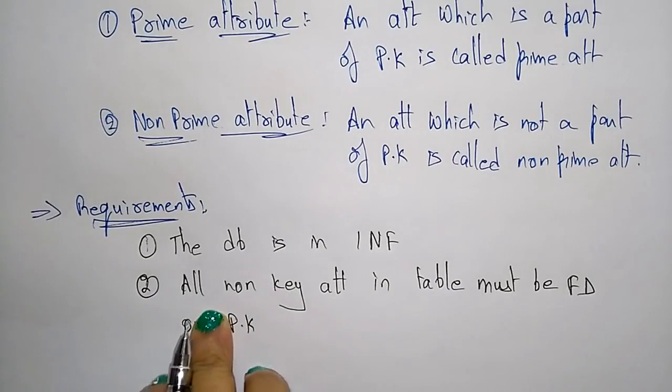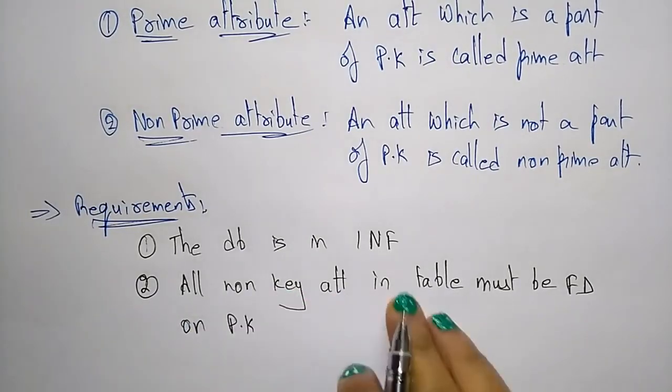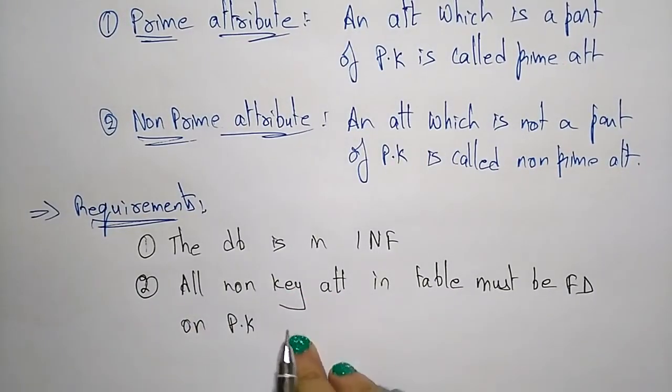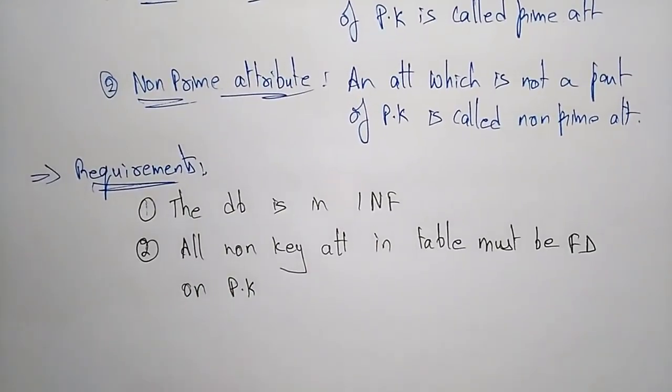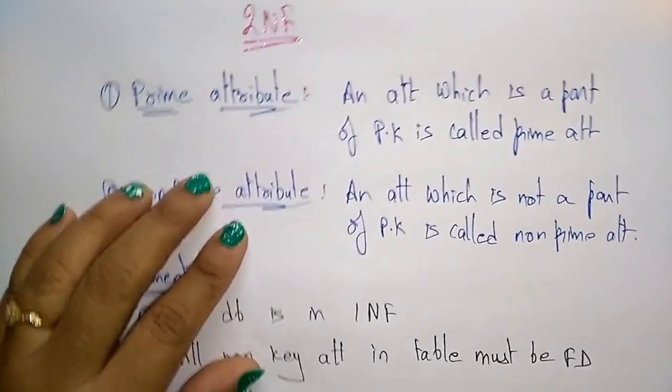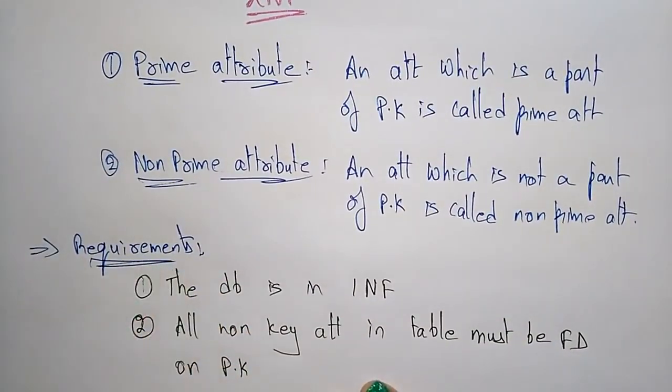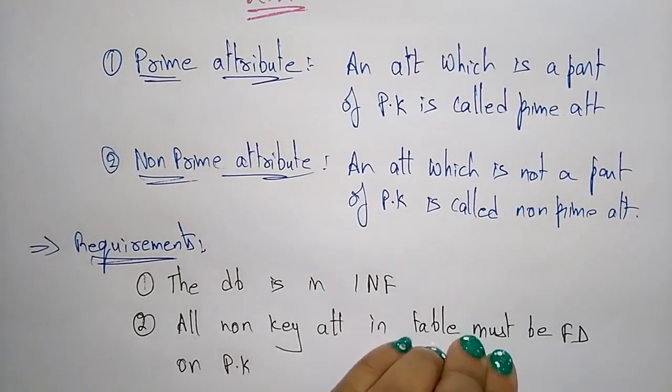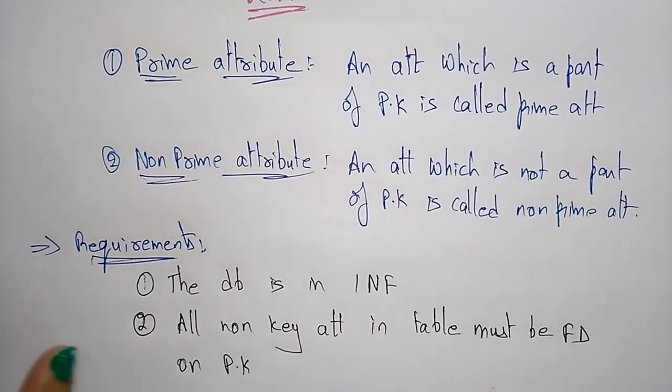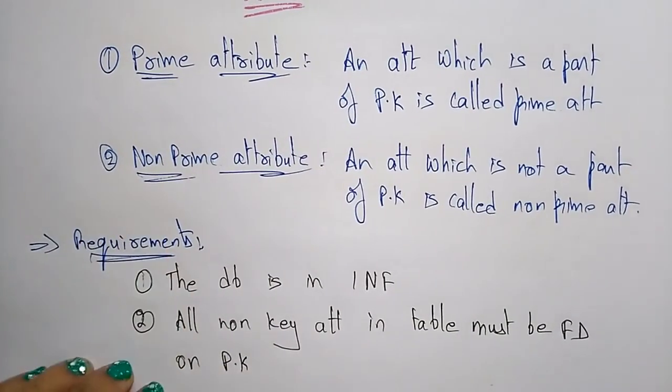But in 2NF, all non-key attributes in the table must be functionally dependent on the primary key. Note that we are only dealing with non-key attributes, and those should always depend upon the primary key. So these are the requirements you have to follow.